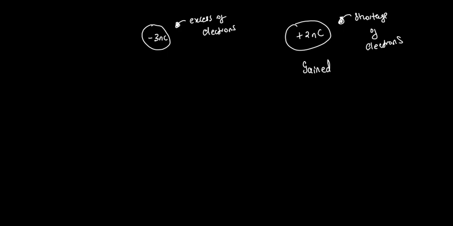When it is minus, you can think of it as if it gained electrons. How many electrons? 3 nanocoulombs, which means 3 multiplied by 10 to the power negative 9 coulombs, which will give you a certain number of electrons there.